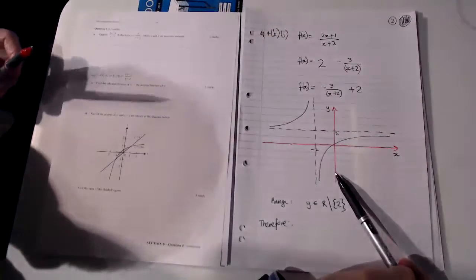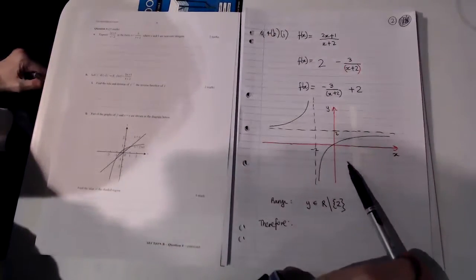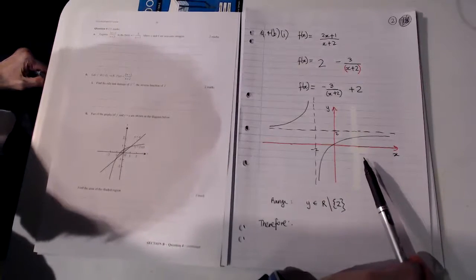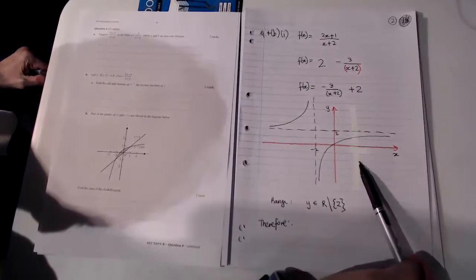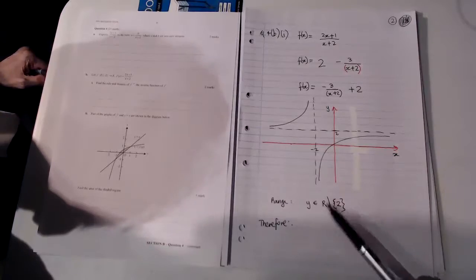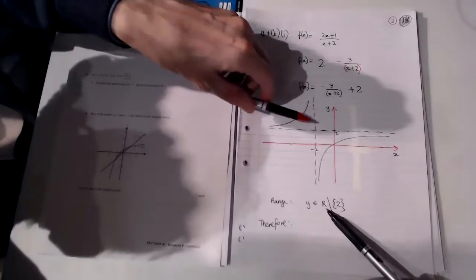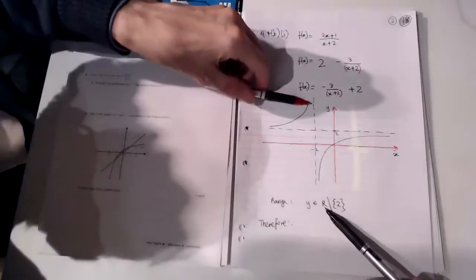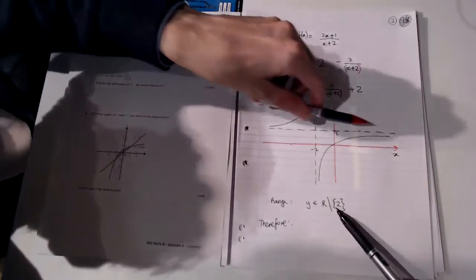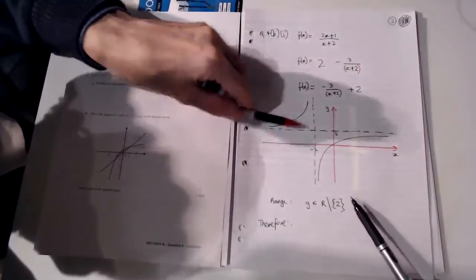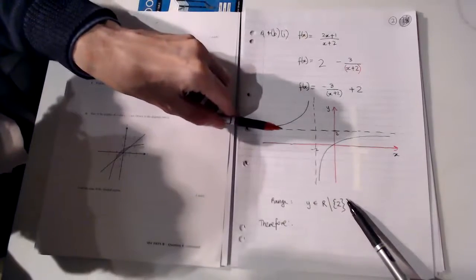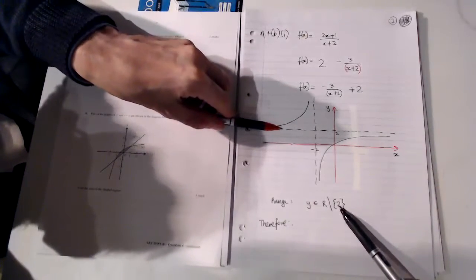From the graph that we can see on the piece of paper here, and from the graph that you would see on your CAS calculator, you will see that the range will be the set of real numbers except y equals 2, because there's a horizontal asymptote there.